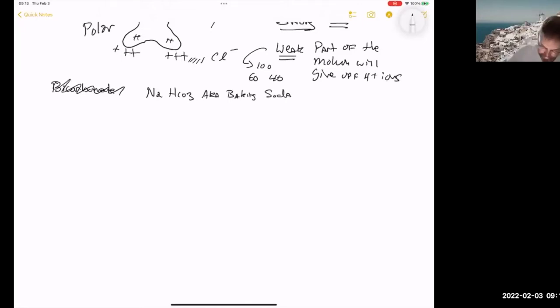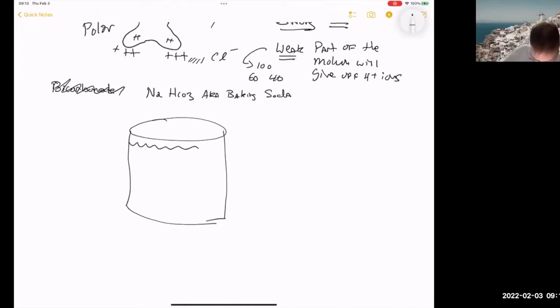If I take sodium bicarbonate, and let's say that I have a glass of water here, and I dump sodium bicarbonate into the water, sodium bicarbonate is going to break down into sodium ions.